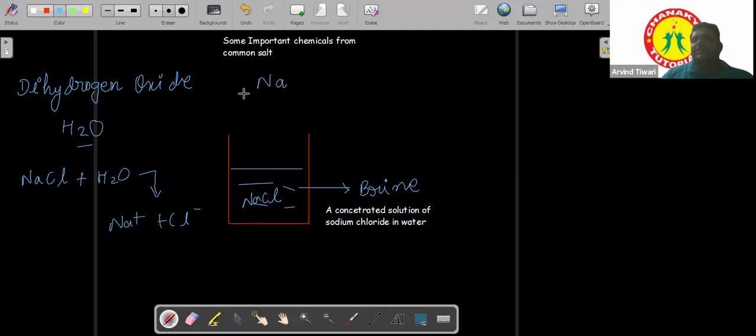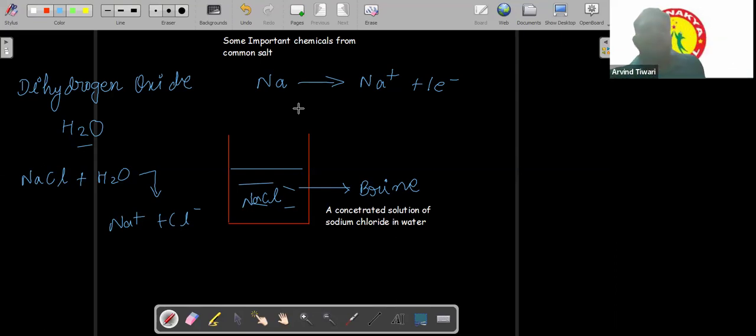And why is it reactive? Because the sodium metal can easily form Na plus ion and give you one electron. And this process is an exothermic process. So here in the solution, it is already in the form of Na plus ionic form.